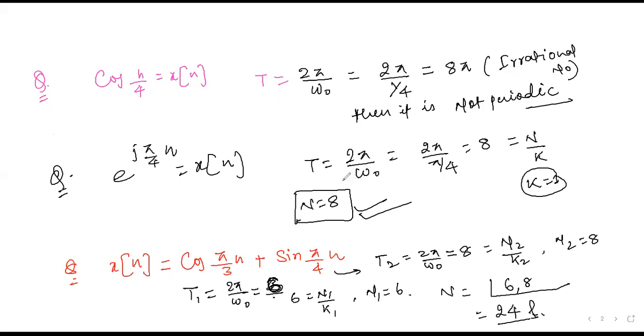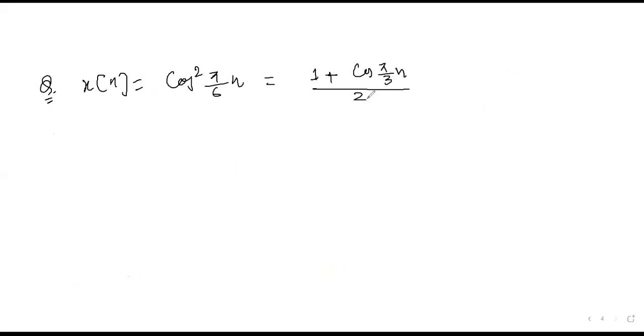Now come to the next question. x of n equal to cos square pi by 6 n. Now how can you write this? You can write it as (1 plus cos 2 theta) divided by 2, so this is (1 plus cos pi by 3 n) divided by 2.